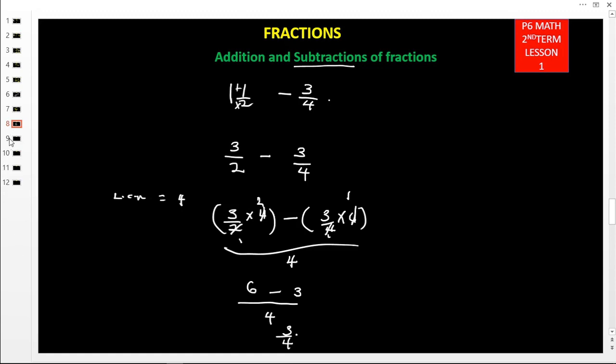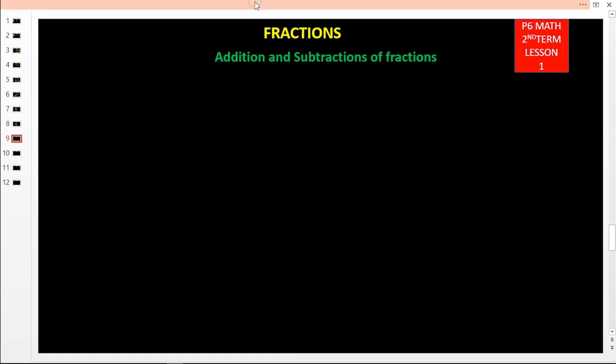Now let us look at another example, under subtraction of fractions. So this one is saying, if we are given 5 wholes and 3 quarters, take away 2 wholes and a third.